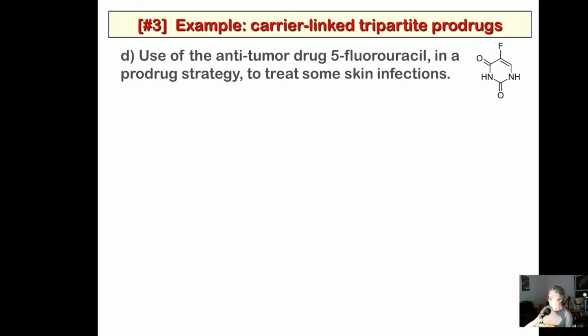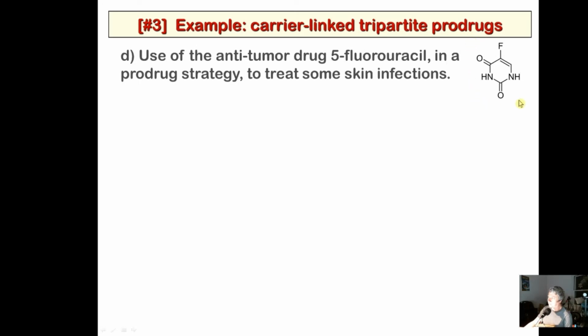Another example of a carrier-linked tripartite prodrug strategy. So you've learned about 5-fluorouracil, probably a couple times in this course. It's an anti-tumor drug. It's sort of like a nucleotide analog, so I think it looks like uracil, if I recall.